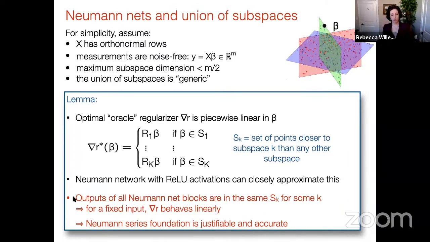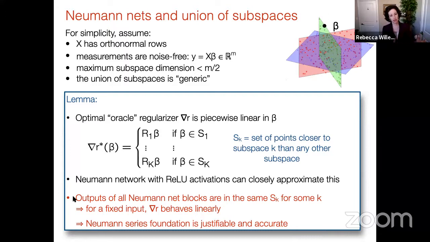In addition, if we were to consider all the different blocks within this Neumann network, for a given input, the outputs of all of those blocks are going to belong to the same subspace S sub k. So for a fixed input, the gradient of the regularizer is essentially behaving like a linear function. So if we were to consider all possible inputs to this Neumann network, then the gradient of R is no longer linear.